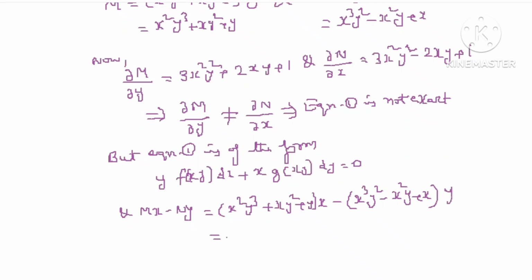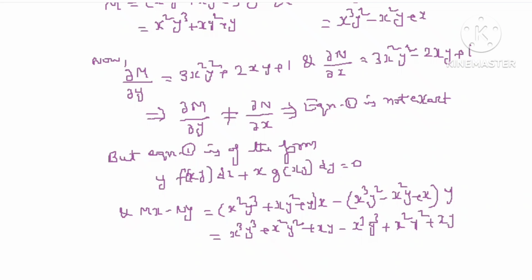So opening the brackets, this is x cube y cube plus x square y square plus xy minus x cube y cube, minus of minus is plus, x square y square, plus xy.